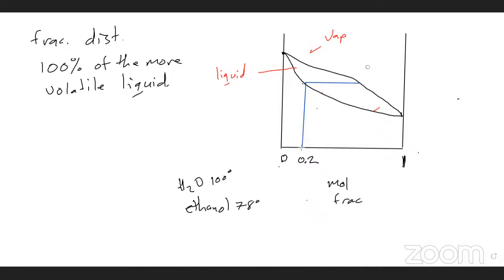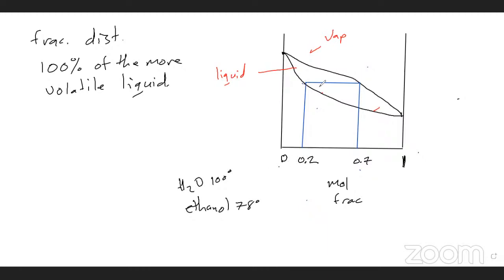This is the vapor. So you boil the liquid, it becomes a vapor. Then you allow it to condense. When you allow it to condense, it will have a new composition. So this is 1, so here is about, let's say, 0.7. The original mixture with 0.2 alcohol would mean it has 0.8 water in it.